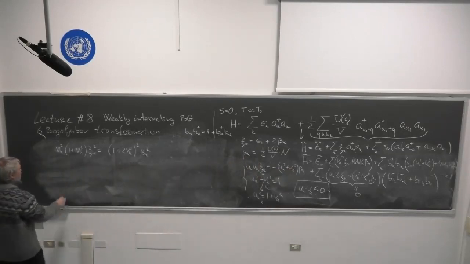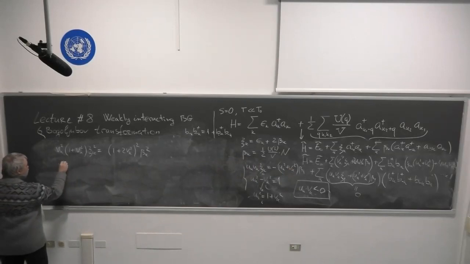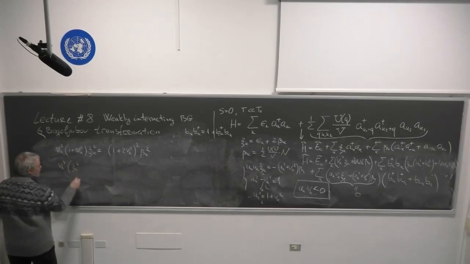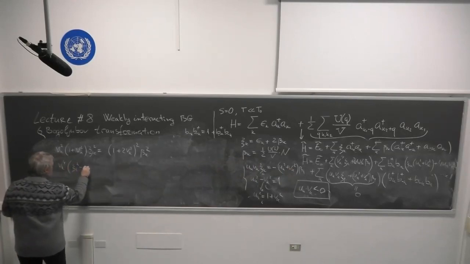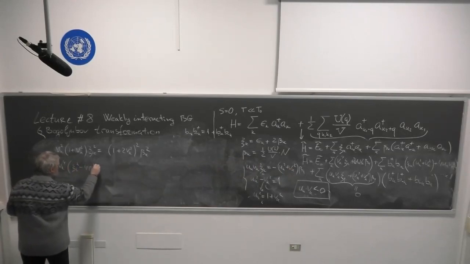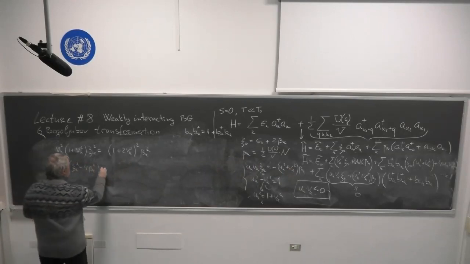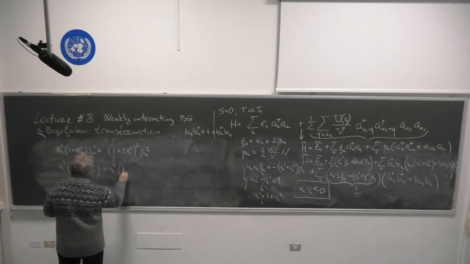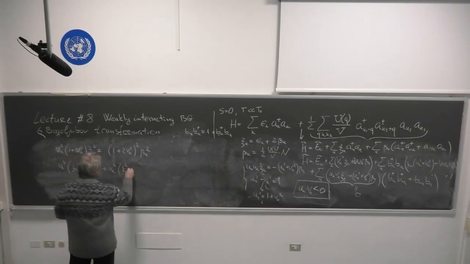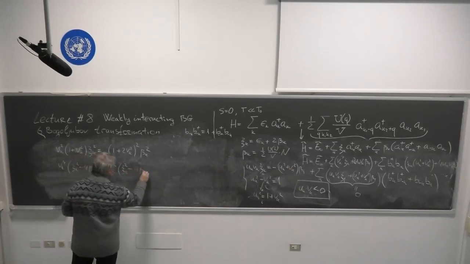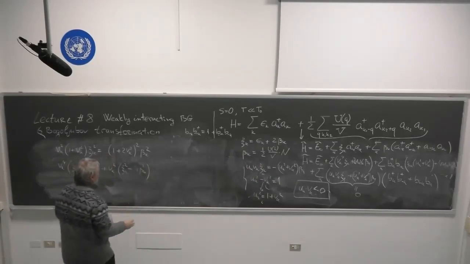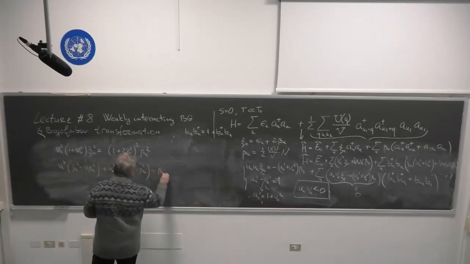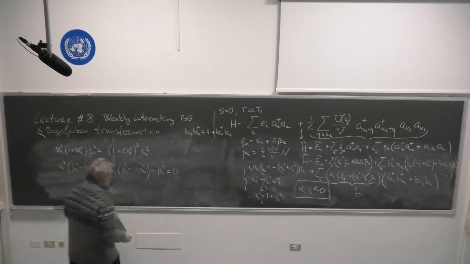So vk to the fourth power times psi k square minus 4 times beta k square, plus vk square times psi k square minus 4 times beta k square, minus beta k square is equal to 0.